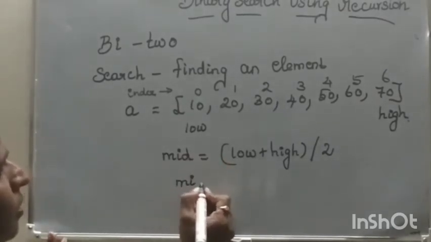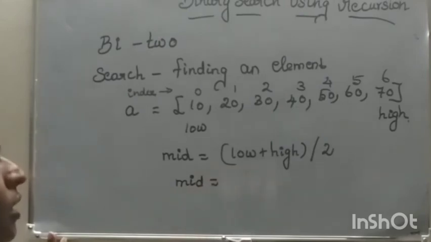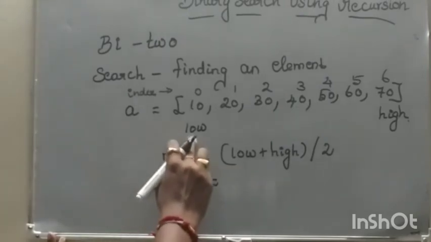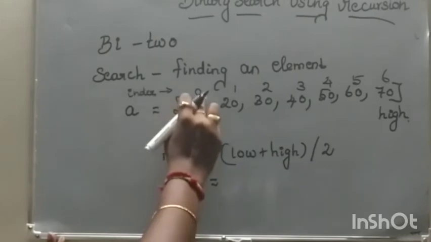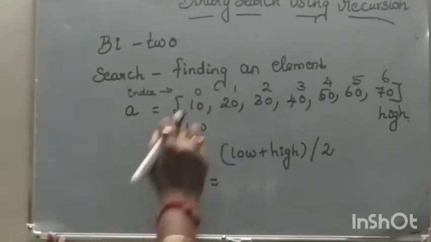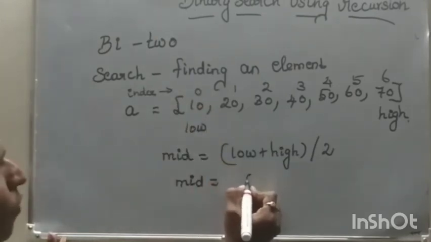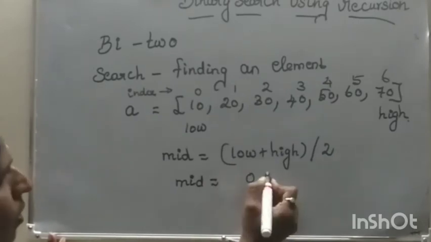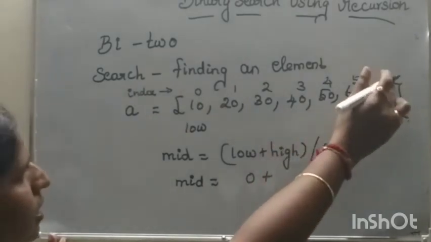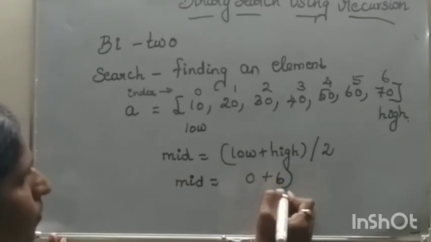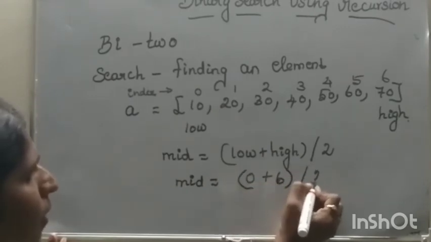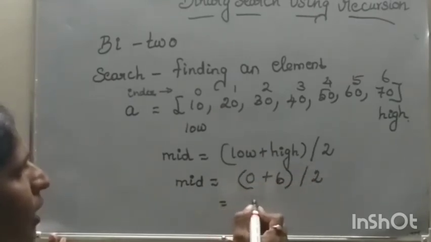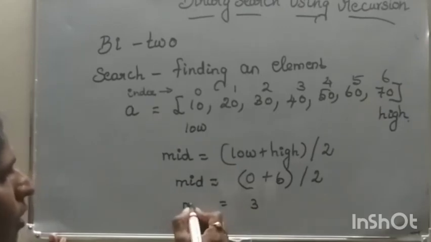Here I am going to find the mid value. My low label points to index 0, so the low value now is 0. The highest index is 6. 6 divided by 2 is 3.